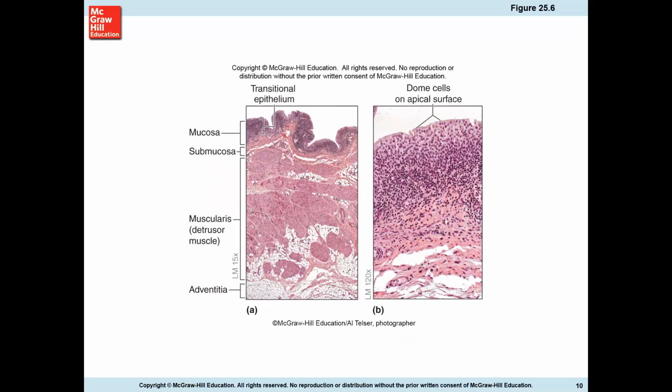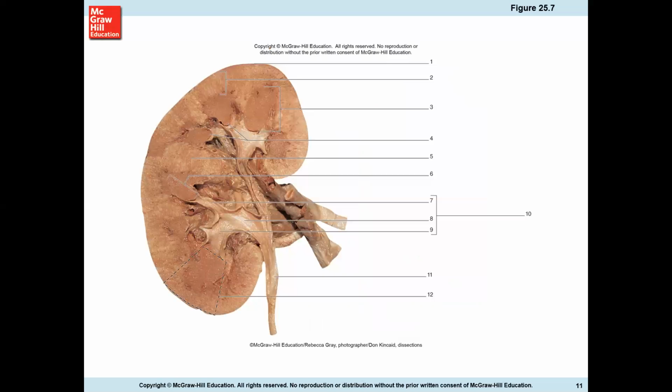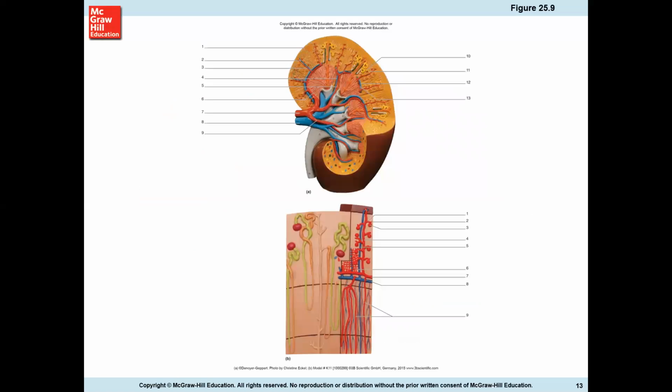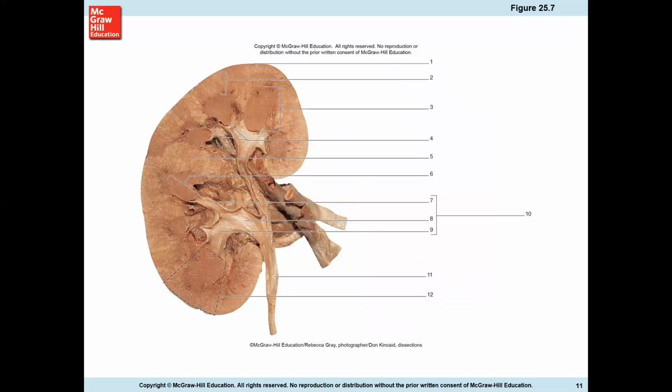Again, just looking at the epithelium of the bladder. It's always the same layers, right? You have mucosa and submucosa and muscularis and the outer connective tissue, adventitia. Adventitia. And that'll continue into the ureter as well. So let me just, before we do, again, you could practice with this. You could see that the outermost is the renal capsule.